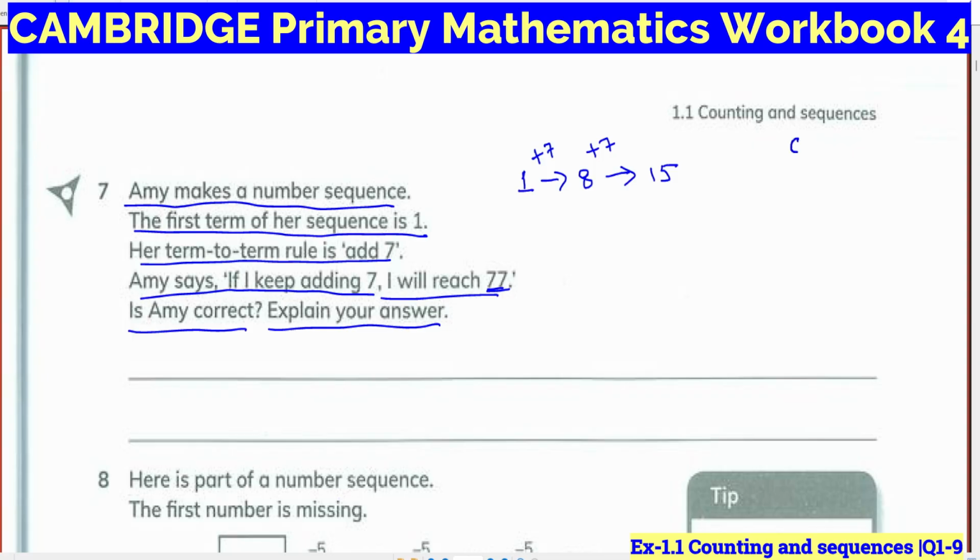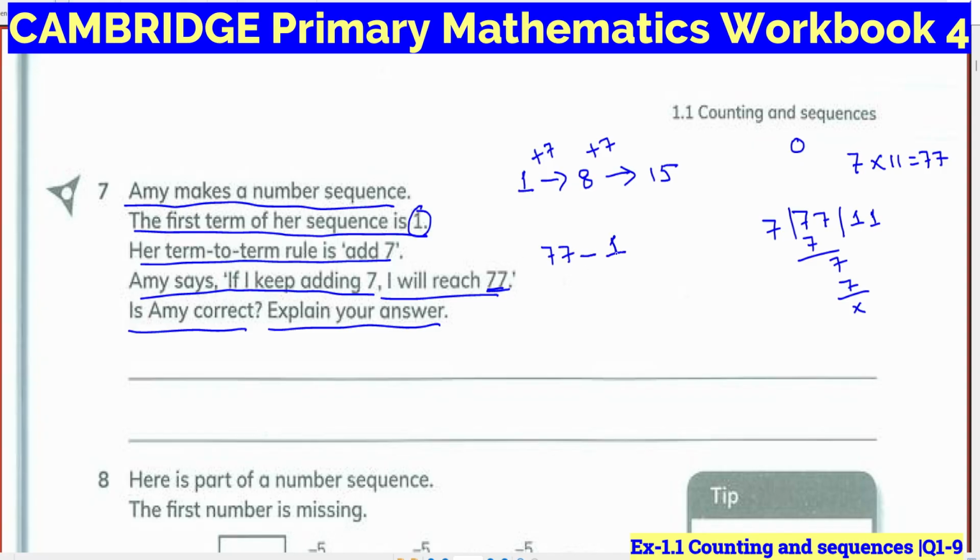If it starts from 0, look, 7 times 11 is 77. Or we can say 77 divided by 7, here is 1, here is 7, then 7, again 1, it's 77. There is no remainder.